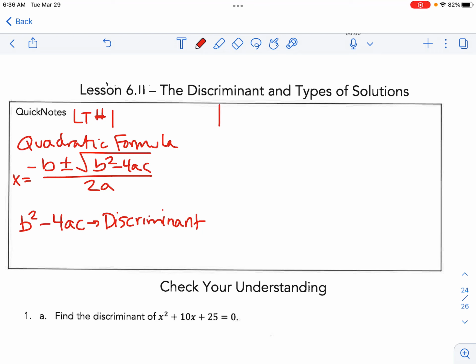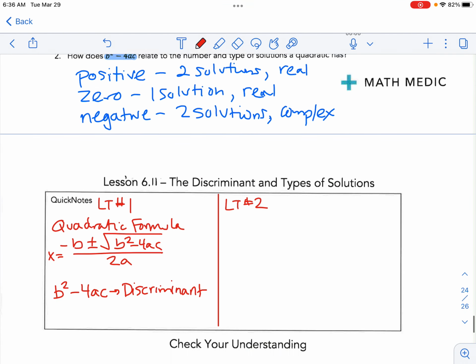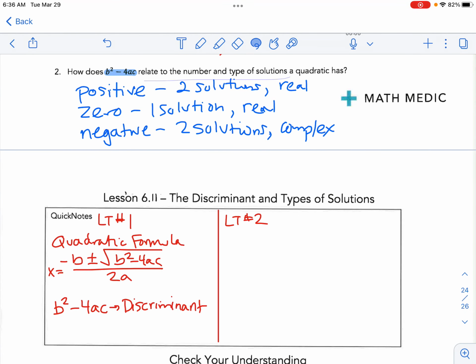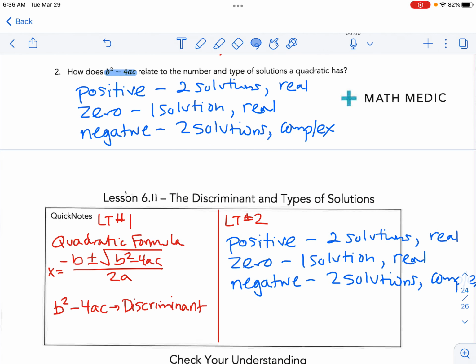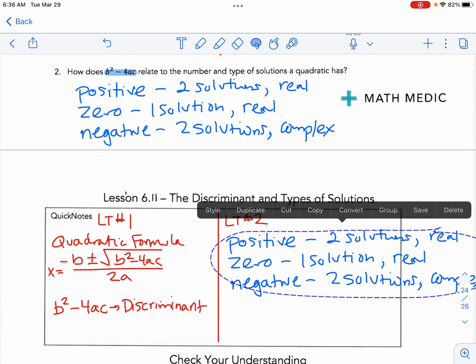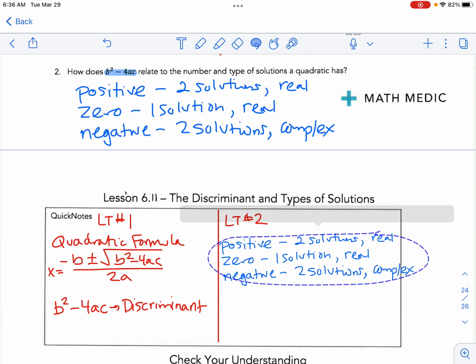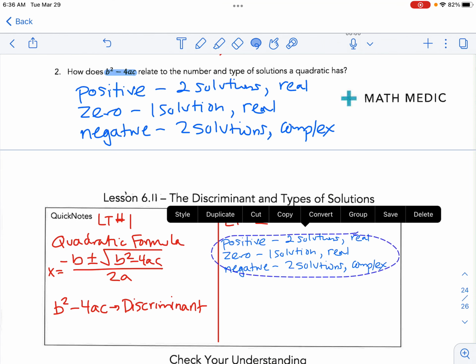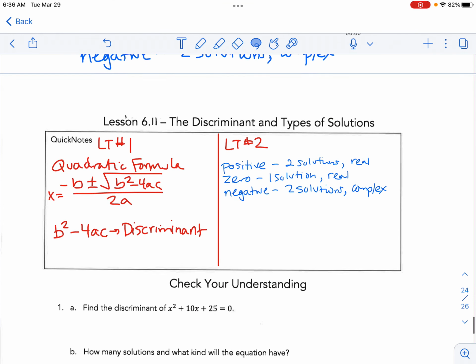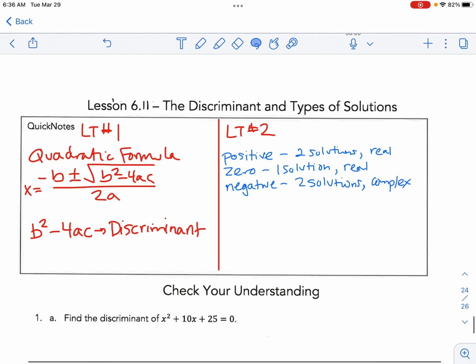So our learning target 2 then is going to be, oops, number 2 is really this information up here. I'm just going to slide this, duplicate it, and stick it down here. There we go. Our learning target 2 is when the discriminant is positive.